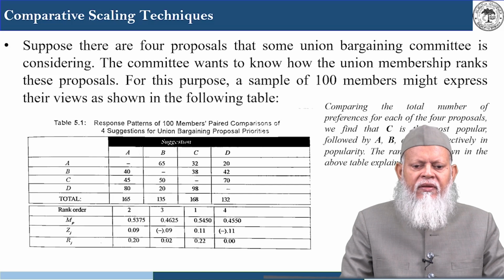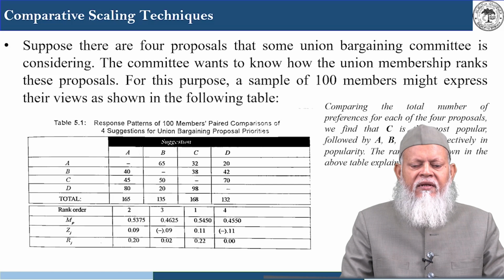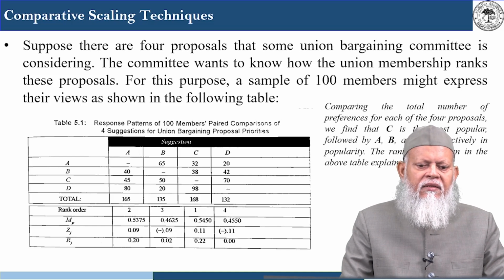Then we go on adding plus 0.11 to all the others, because when we add plus 0.11 to minus 0.11, it becomes 0. Then it gives us the Rj values.